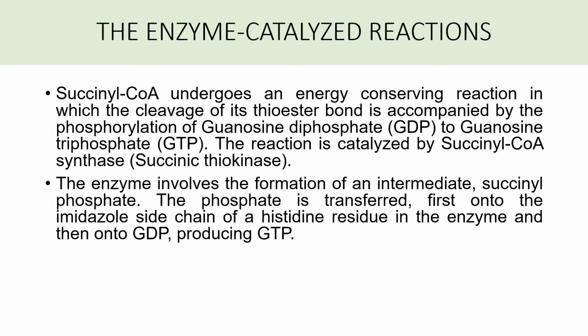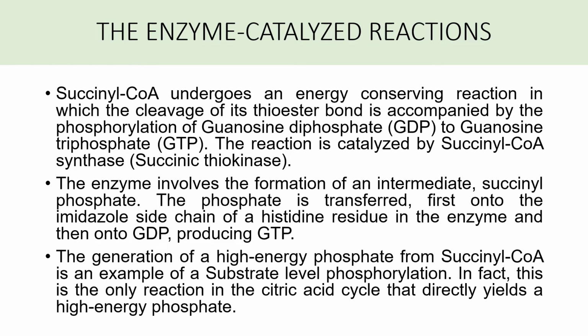The phosphate is transferred first onto the imidazole side chain of a histidine residue in the enzyme and then onto the GDP, producing GTP. The generation of a high energy phosphate from succinyl coenzyme A is an example of substrate level phosphorylation. In fact, this is the one reaction in the citric acid cycle that directly yields a high energy phosphate.